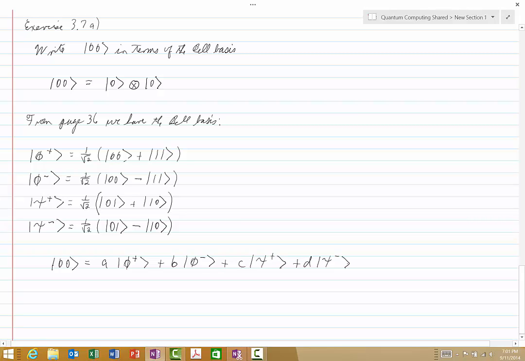This is what we're actually being asked to do: write |0,0⟩ as a superposition of those 4 vectors, and then find A, B, C, and D.